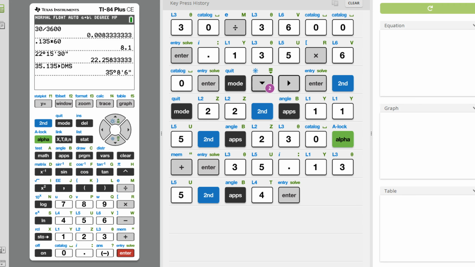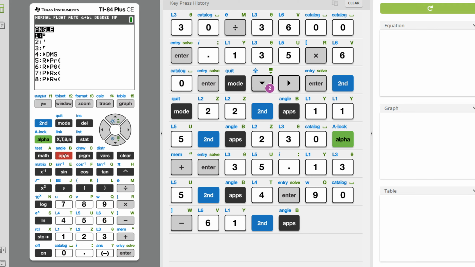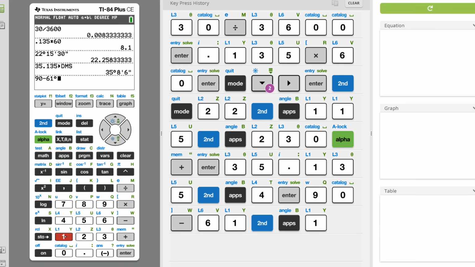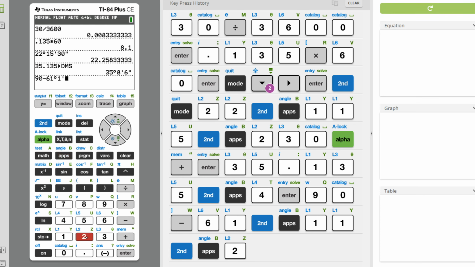Let's double check that with our calculator. So I'm going to enter the initial 90 degrees, and we're going to subtract 61 degrees. Remember, you can get your degree symbol from your second angle menu, option number 1. 61 degrees, 1 minute, second angle. Pick up your minutes from that angle menu.